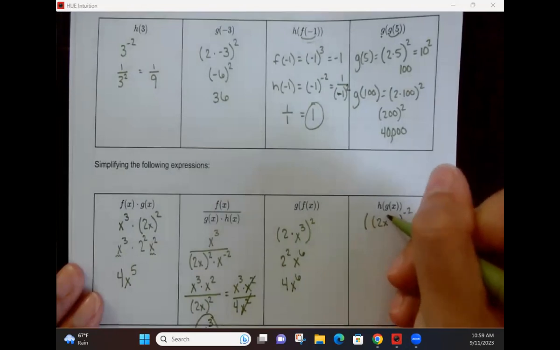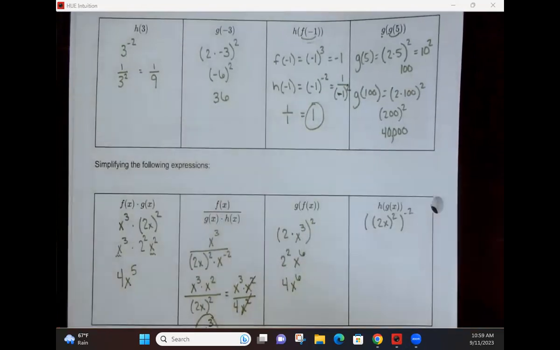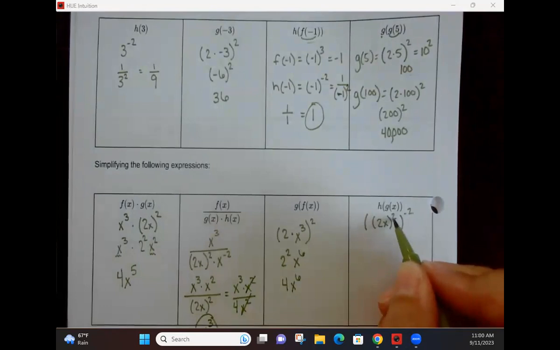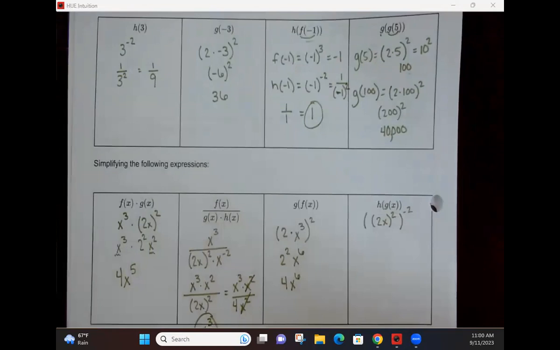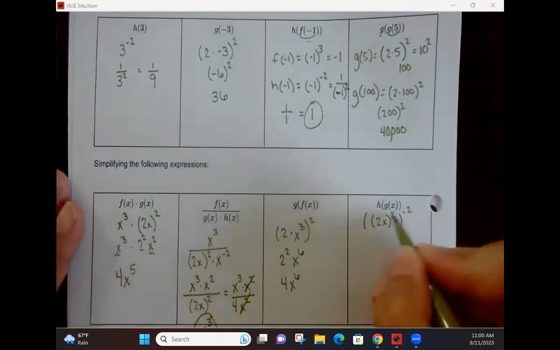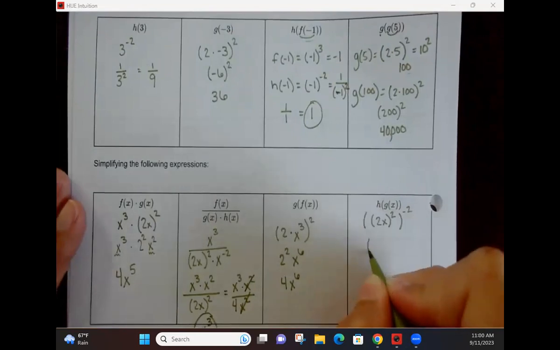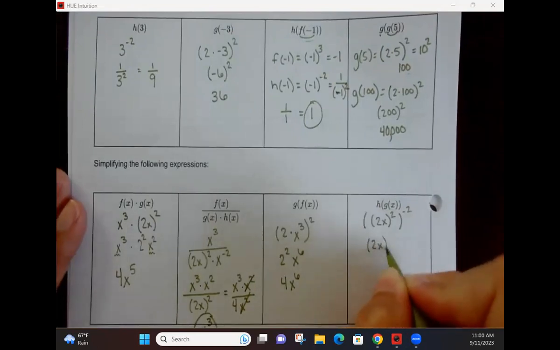So 2x all squared. Again, there's more than one correct first step here. I could start with this square on the inside and distribute it in, and then distribute in the outer power. That would be fine. I'm going to go ahead and just, since I've got power to a power, multiply those right now. I've got 2x all to the negative fourth power.